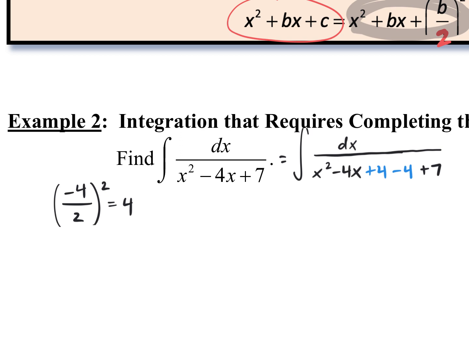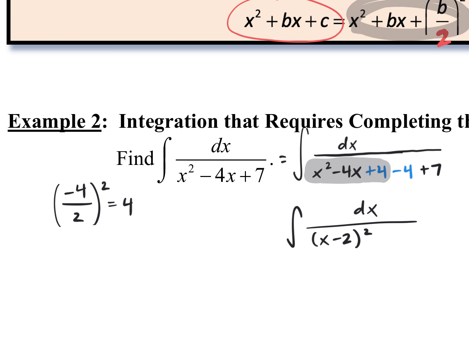Okay, so now if I look at these first 3 terms in the denominator, is this something that I can factor using perfect squares? Yes, right? I can factor that into, so dx is on top, x minus 2 squared, right?